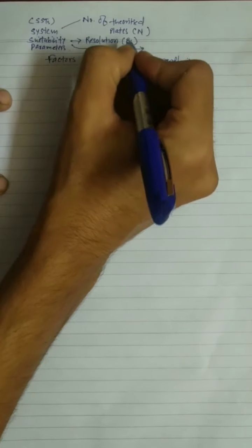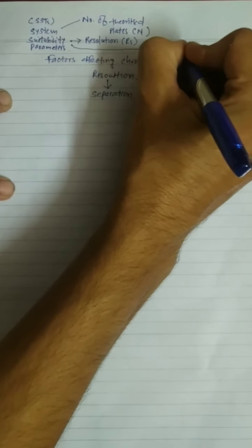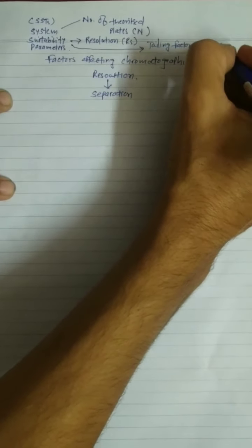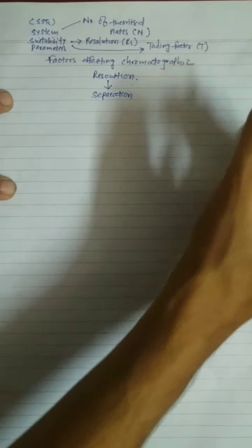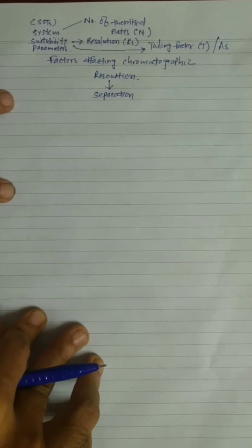Then you have the next system suitability parameter, that is tailing factor. This tailing factor is abbreviated as T, or it is popularly known as the asymmetric factor, or peak asymmetric factor, which is known as AS. So you have four different system suitability parameters: number of theoretical plates, resolution, tailing factor, or peak asymmetric factor.